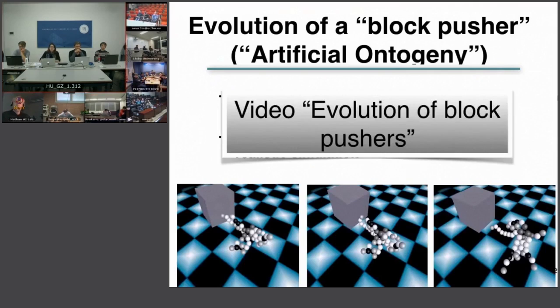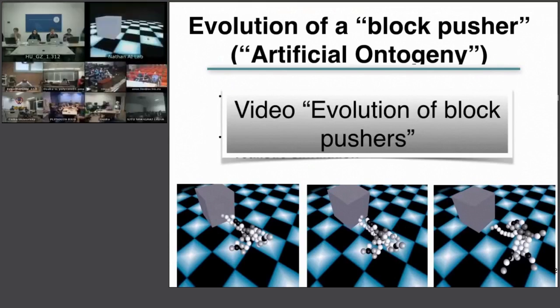Maybe we'll just start with the first one. So you see here how the agent grows, and when it is fully developed, it can move towards this block and tries to push it. So these are the first attempts of the agent.